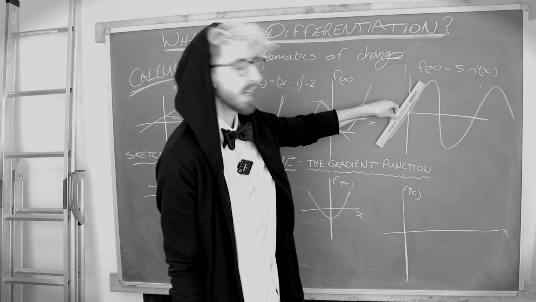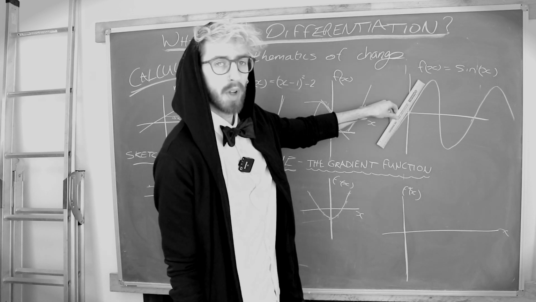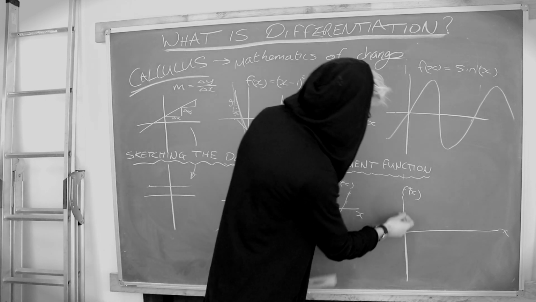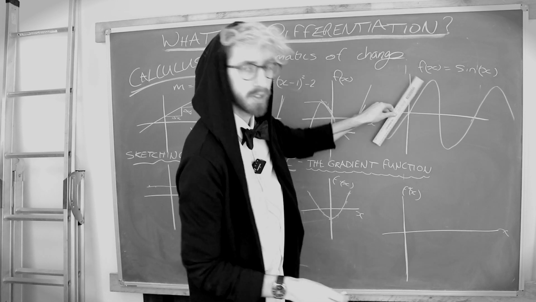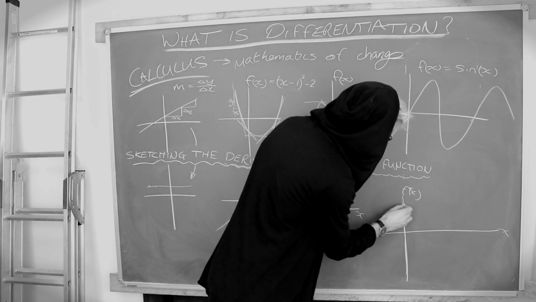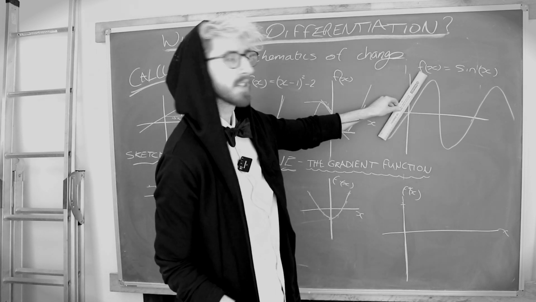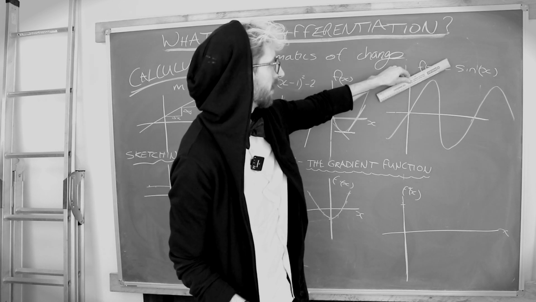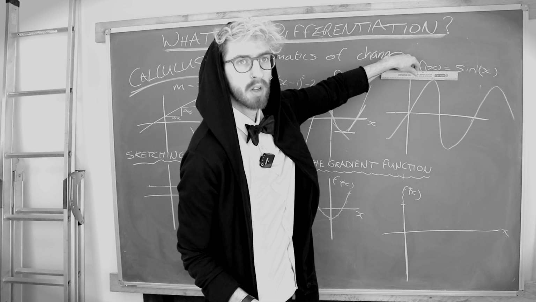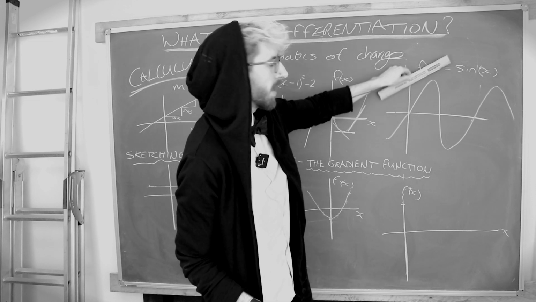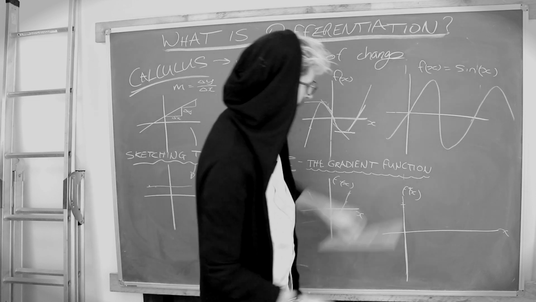Here, the gradient is positive. So let's start down here somewhere. In yellow. There it's positive. Then it starts to get lower and lower until it gets to 0.